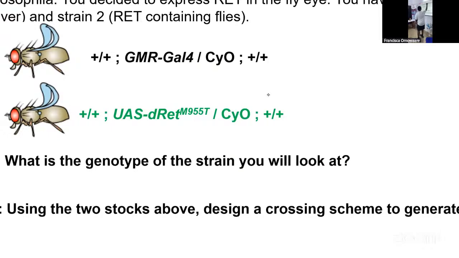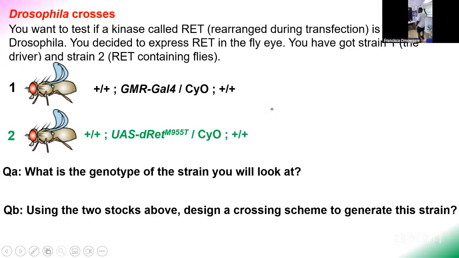Any answer, any taker? So what would be the genotype of the strain that you want to look at? You're trying to ask if this gene is oncogenic in Drosophila. And the lecture this morning actually alluded to this a little bit. So what genotype are you going to look at using these two stocks? You know the answer, I know that.